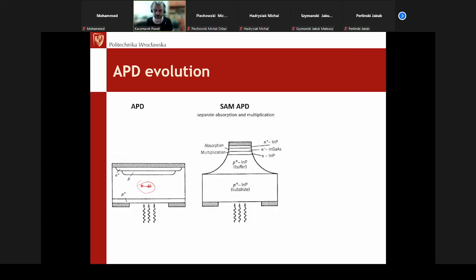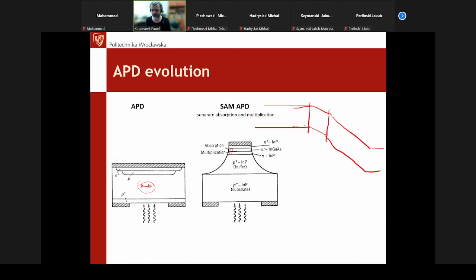So the solution is to simply separate the absorption and multiplication layers or areas in our semiconductor structure. The band model for this APD looks more or less like this. Here we have a low gradient of the voltage, and here we will have this high gradient.